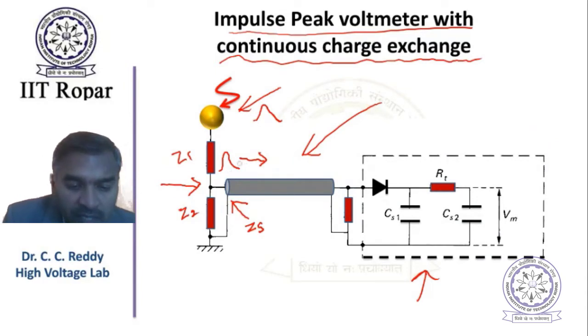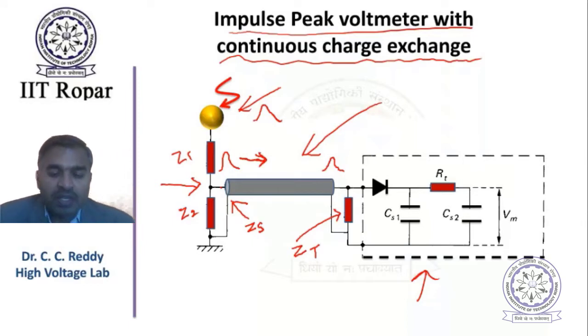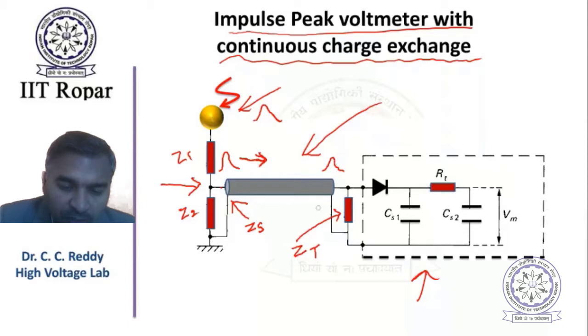After the voltage gets impinged on this node, it travels along the cable. So after a certain delay, the impulse wave will appear here, and again there is one more impedance Z here. This is the terminating impedance. This terminating impedance is decided in such a way that the impulse wave does not reflect back from here, or there are no back and forth reflections on the transmission line.